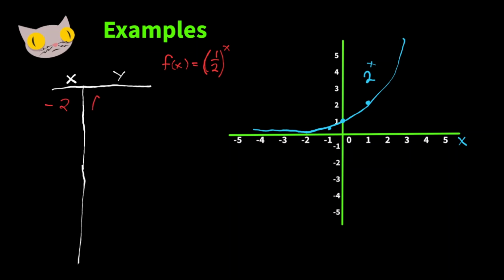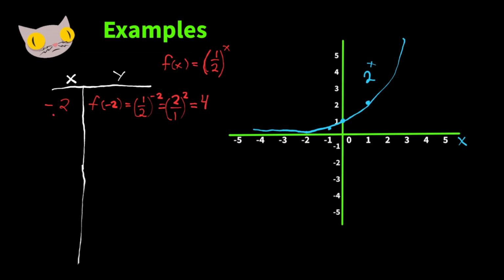So we have f of -2 gives us 1/2 all raised to the negative second power. And because the exponent's negative, we can flip the inside. That gives us 2 over 1 to the second power, which gives us just 4.